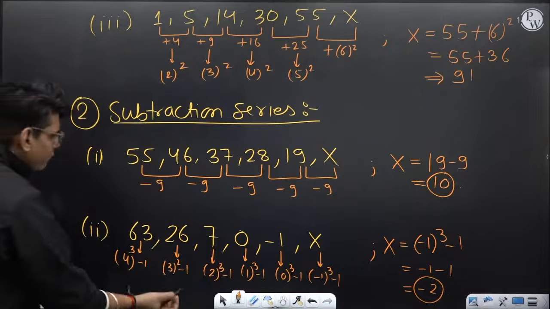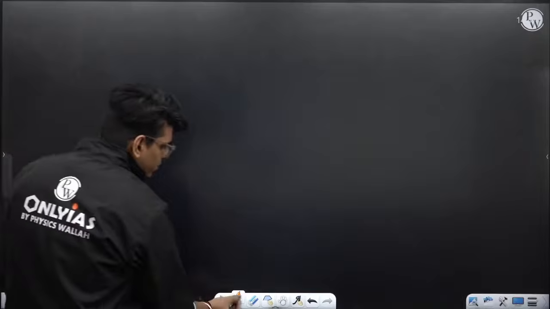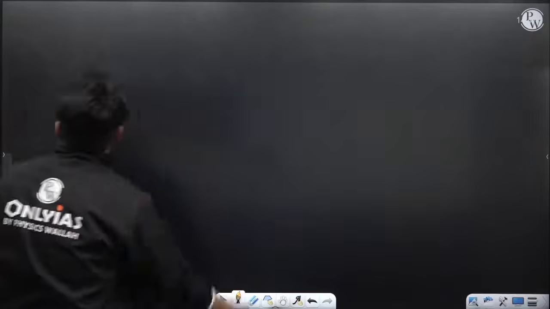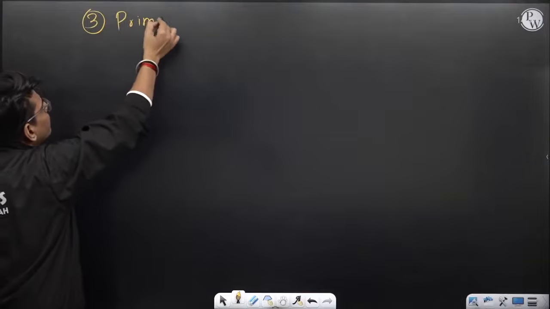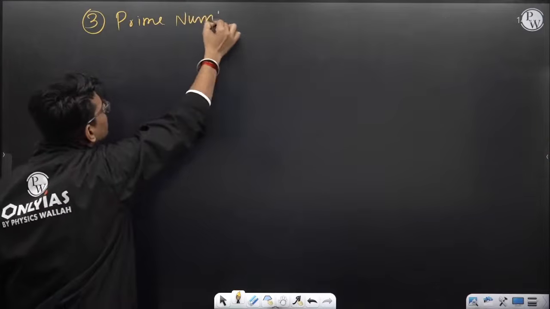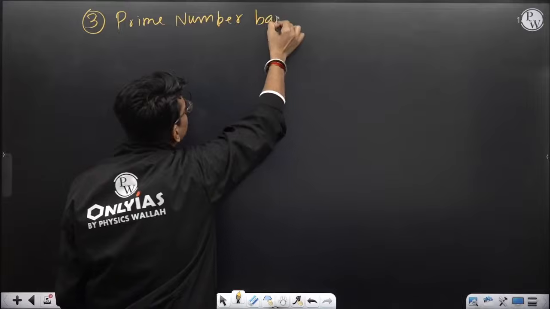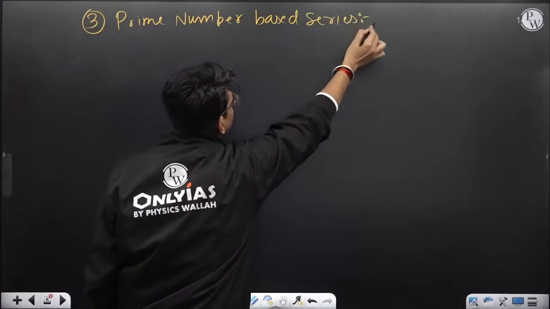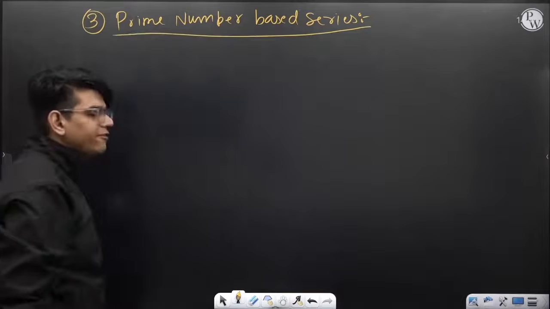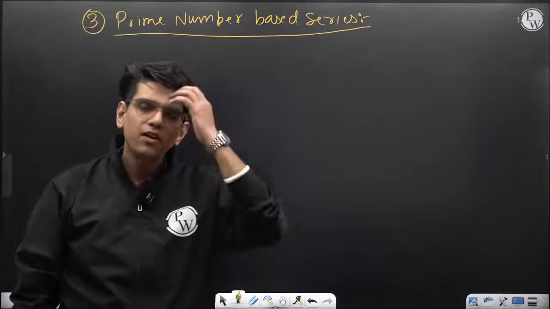Other possibilities are what? We can get a prime number based series, the third type. What are prime numbers? Prime numbers are numbers that are divisible by itself and 1 only.